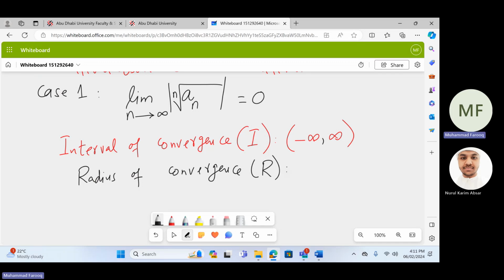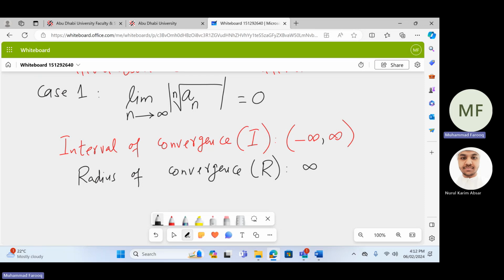Radius generally means half the distance. This interval has how much length? Infinity. If you divide infinity by 2, it is still infinity.